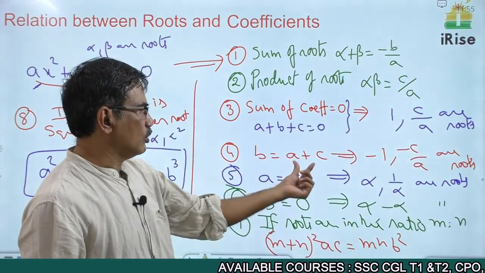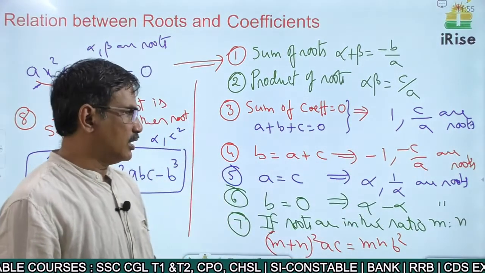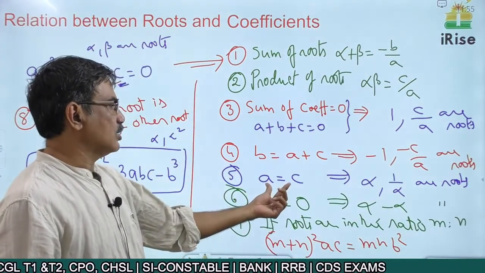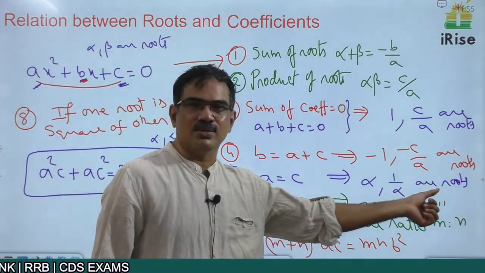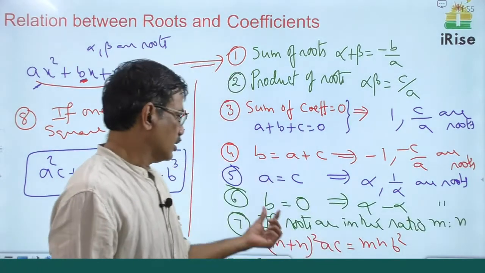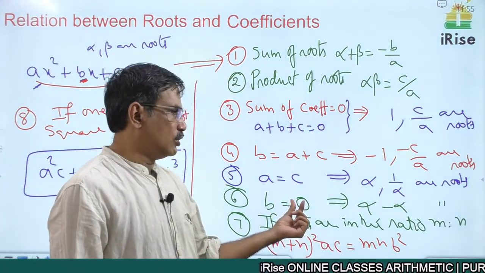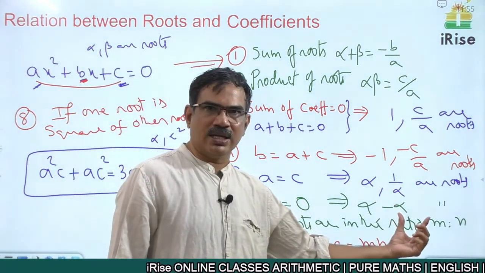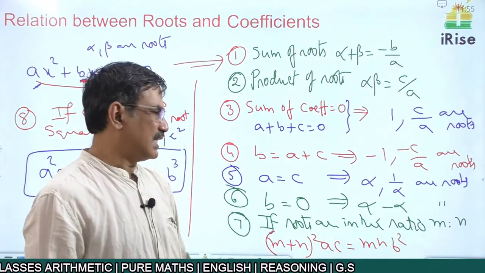And if b is equal to a plus c, condition satisfied, then minus 1 comma minus c by a are roots. And if a is equal to c, then roots are reciprocal to each other. And if b is equal to 0, that means coefficient of x is equal to 0, the roots are numerically equal but have different signs. One is positive, the other is negative.